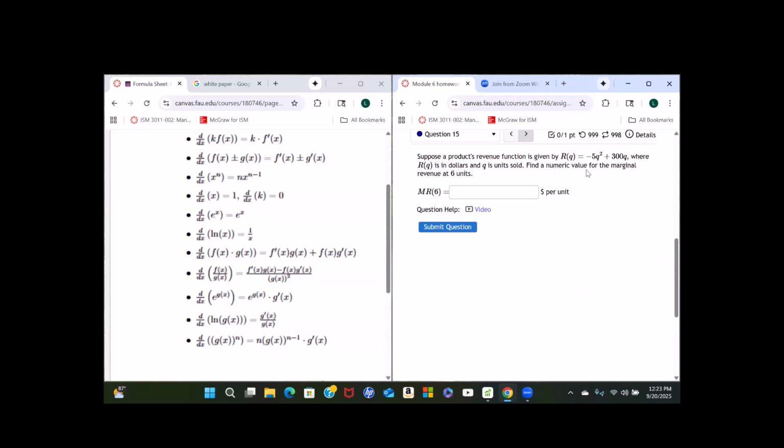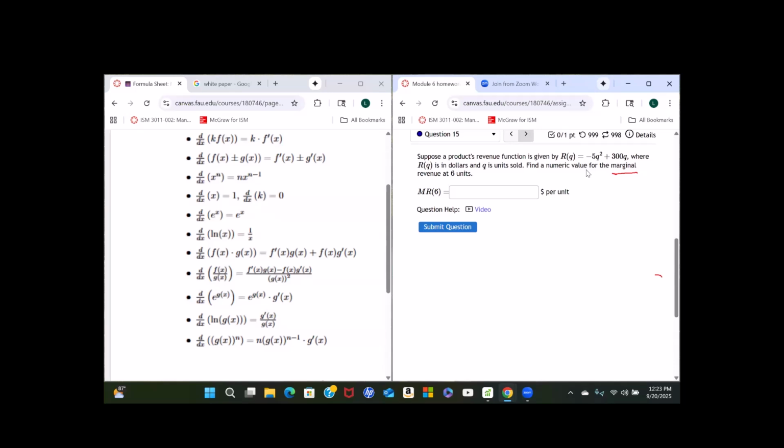Now, anytime you see the word marginal, that means the derivative. It's a business word for derivative. Because the derivative is really a small difference between 2 values. And the marginal revenue is, if I sell one more of those things, how much do I make?